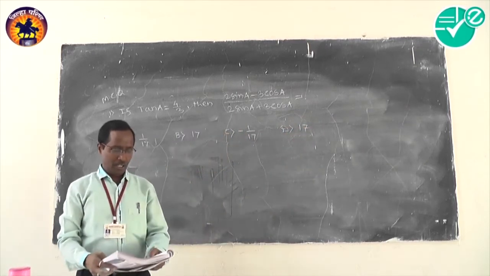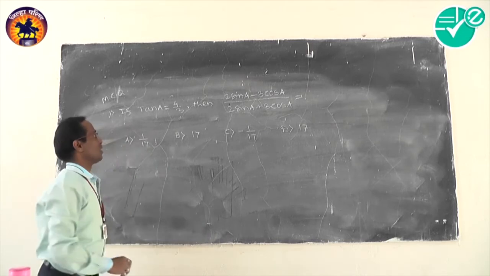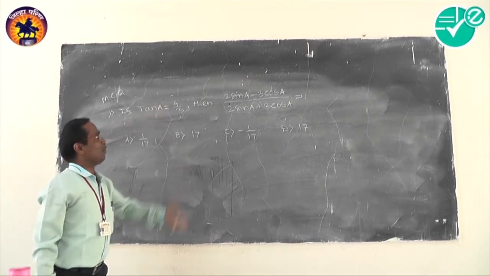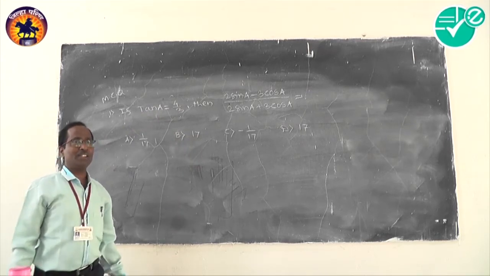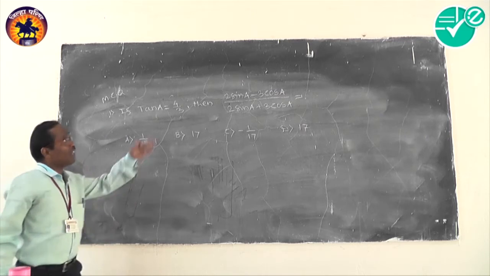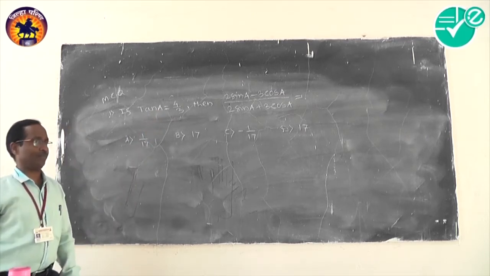Now we want to find the value of this function. What is the given value here? Tan A is 4 by 3. But the quadrant is not mentioned here. Then how can we find the value of this function?